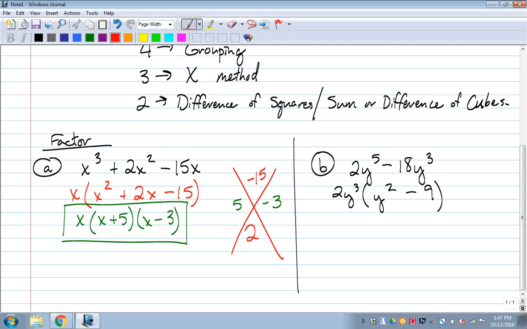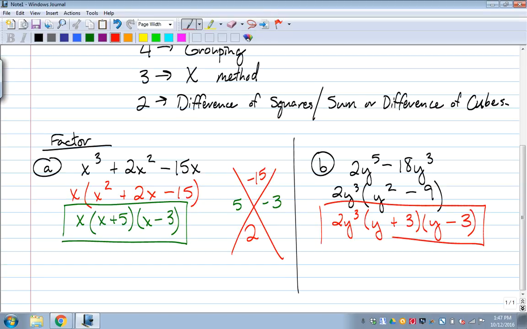So what are the factors for that piece? Y in the front of both of them. Plus 3 and minus 3. Good job. There's the factored form of that polynomial.